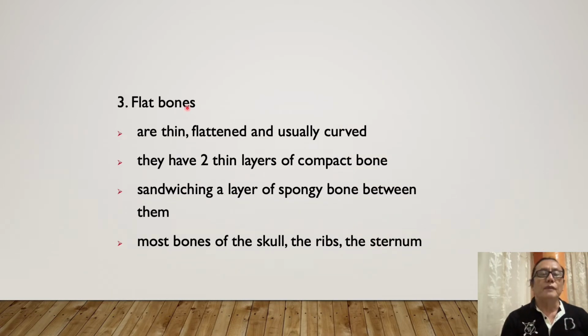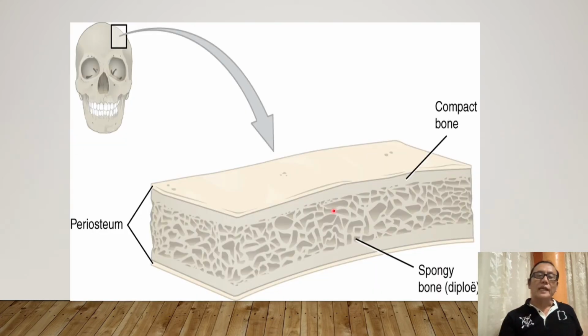Then the third, we have the flat bones, which are thin and flattened and usually curved. These are the bones that are found in our skull, in our ribs or our sternum and some parts of the body. They are like a sandwich, because the outside is compact and the inside is spongy, like this. So compact, then spongy.